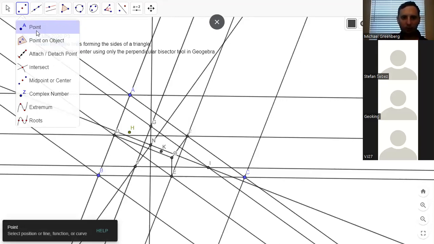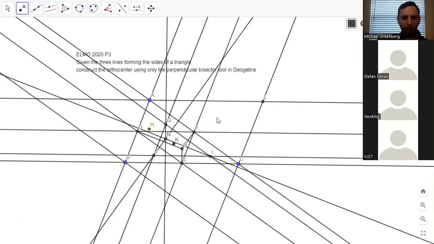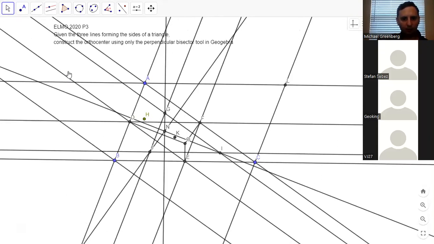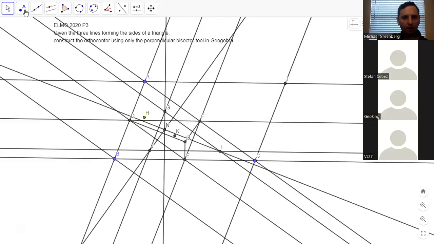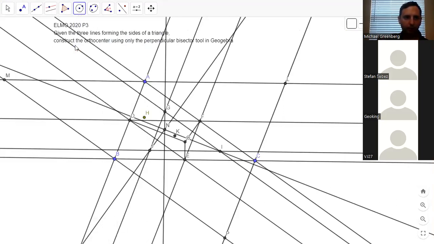Let me shrink the diagram just a little bit. So L, M, N. Let me draw that circle and let's see if there are some other points on this circle that we can construct.